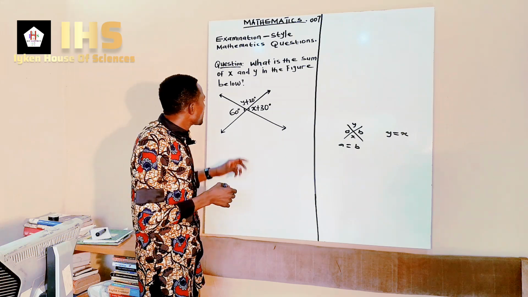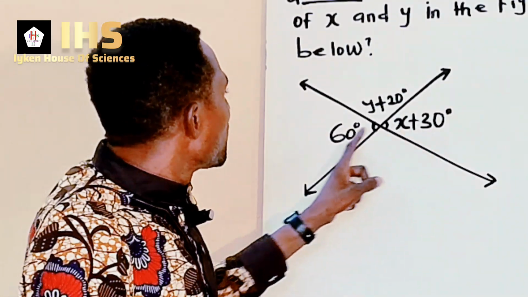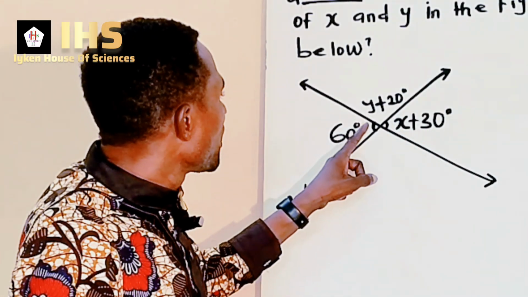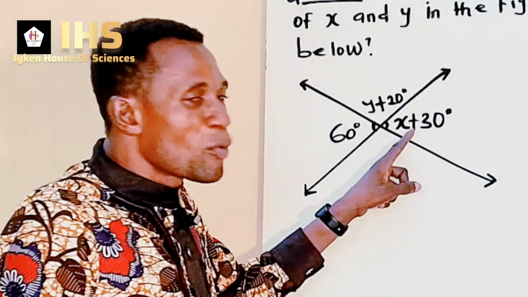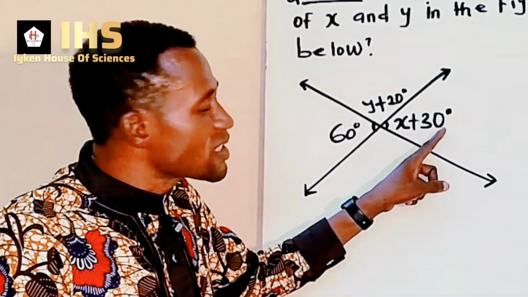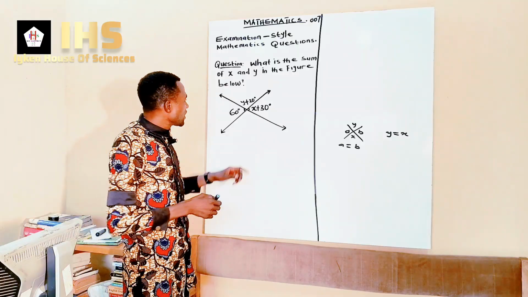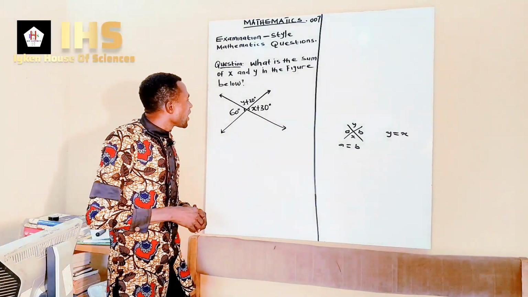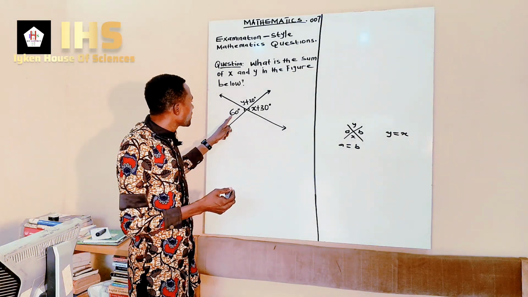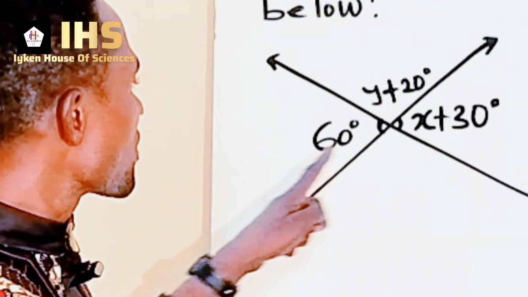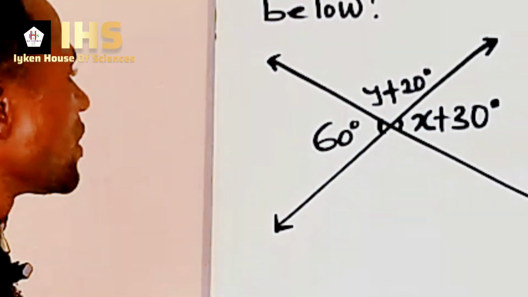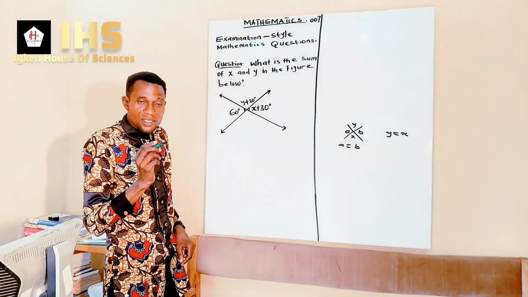So looking at this place, 60 degrees is vertically opposite of x plus 30 degrees. So in this case, we are going to equate these two. 60 equals x plus 30.